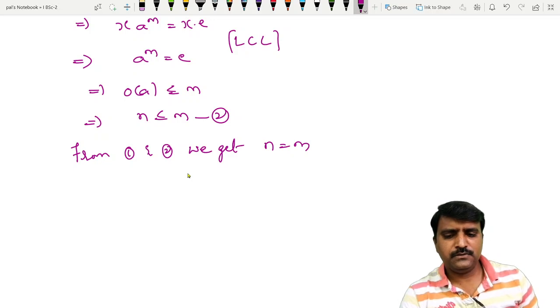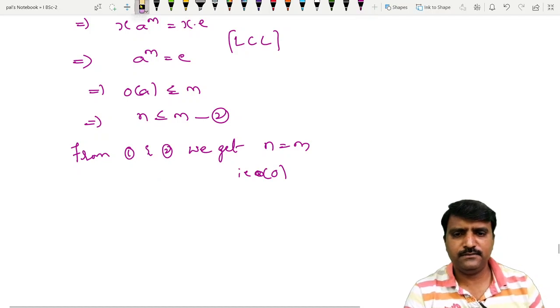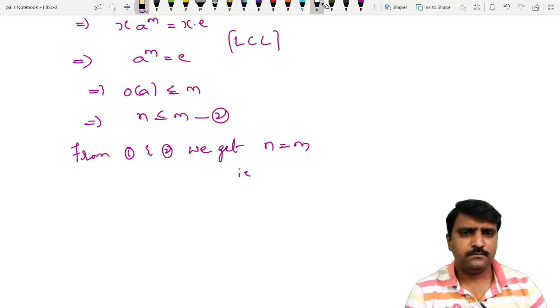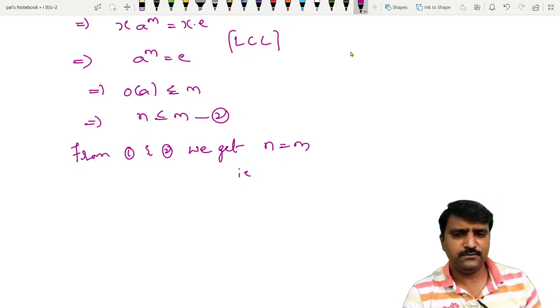So what is n? n means the order of a. n is the order of a. Order of a is equal to order of x a x inverse.